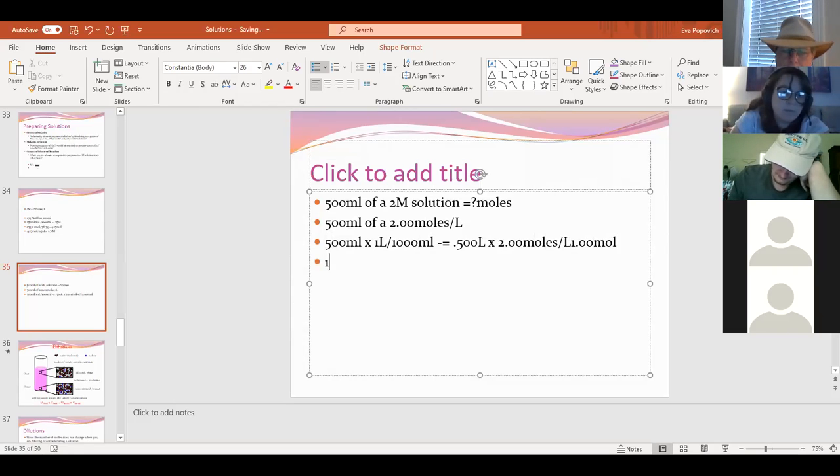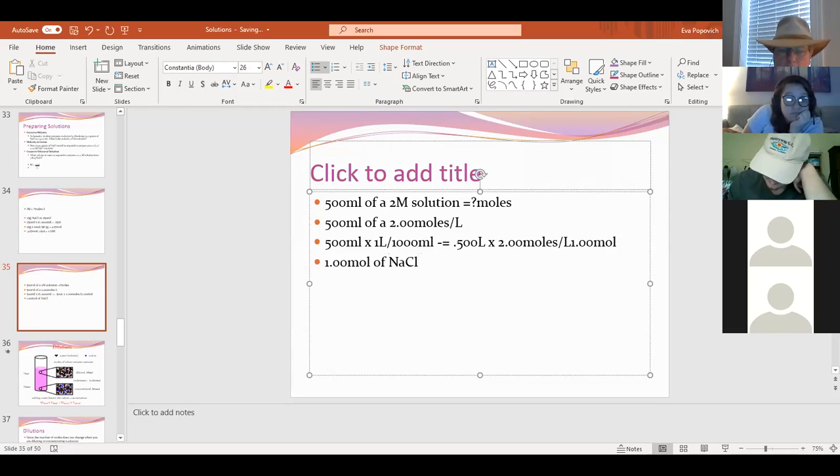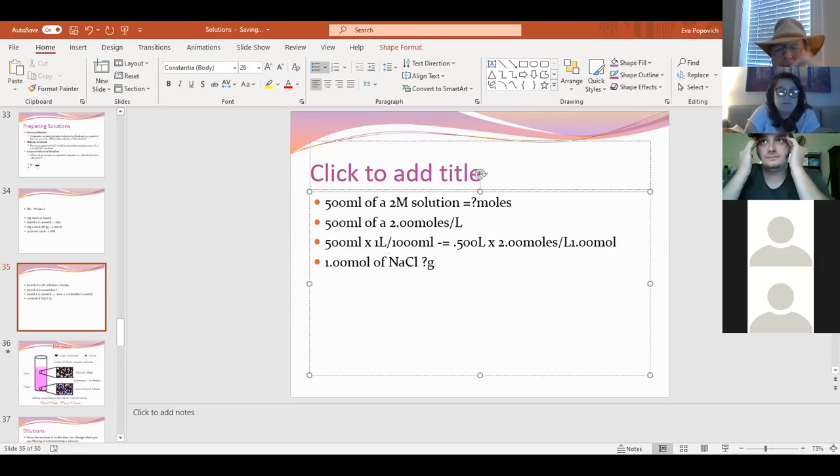So I now have 1.00 moles of sodium chloride. I want to know how many grams. Come on, guys. How do you go from moles to grams? Molecular weight.